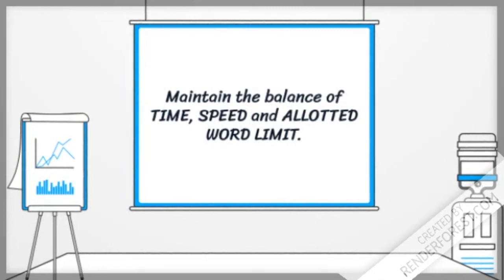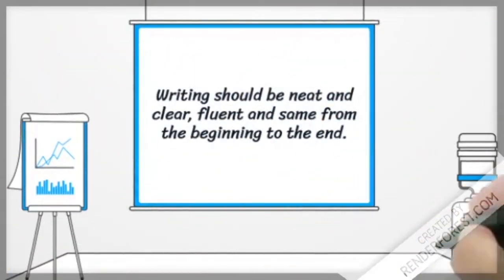On the contrary, you will have to compromise the length of other answers and automatically your marks go down. As far as writing is concerned, it should only be neat and clear, fluent and the same from the beginning to the end. Calligraphy is not needed here.